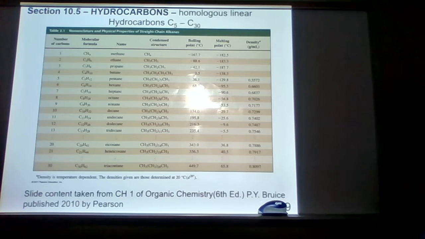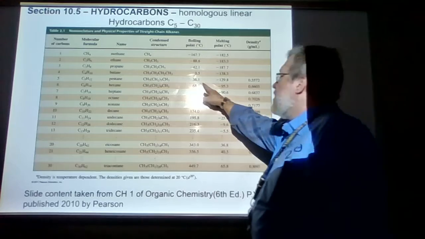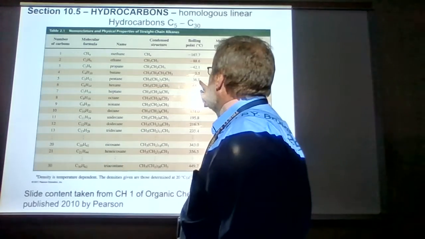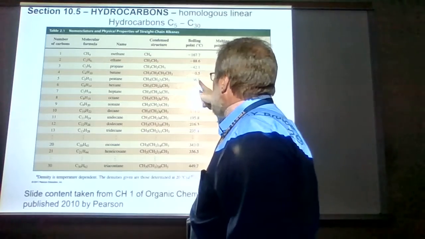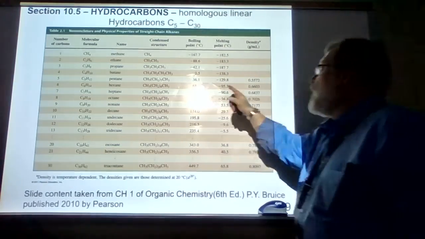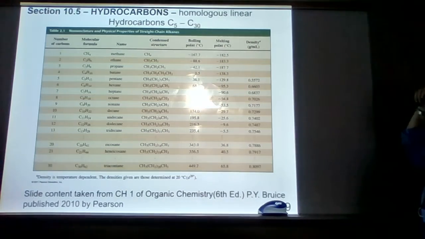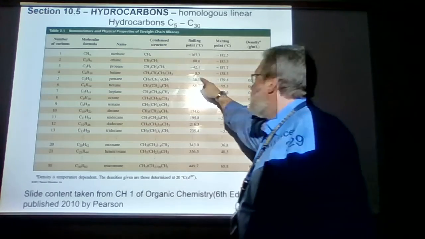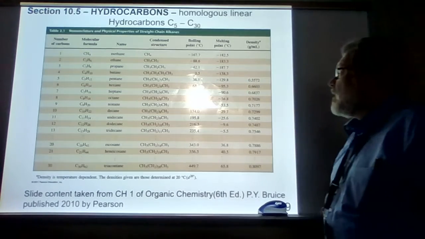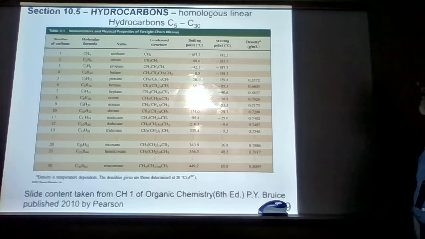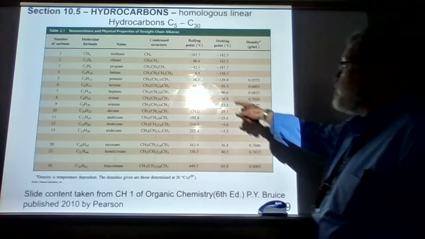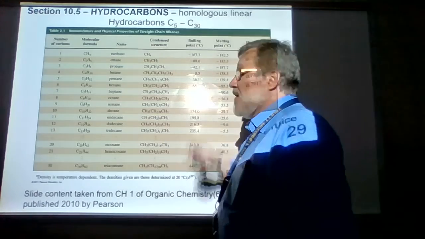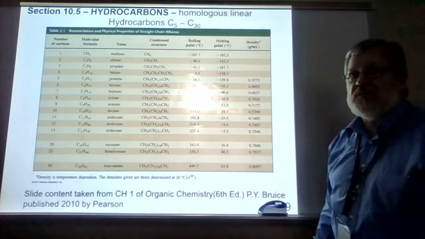Why? Well, right up to about C5, water freezes at about 0 degrees. Okay, sorry. Right about pentane, we start to get enough mass present such that the boiling point is not right at the freezing point of water.